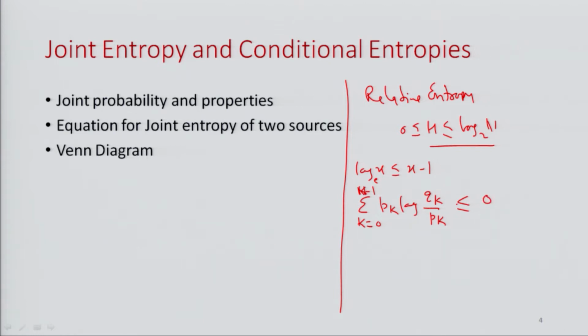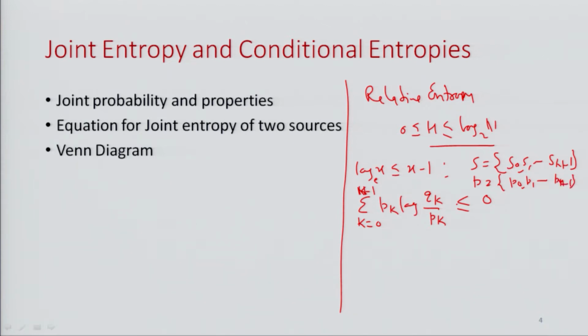What was this quantity? Here we have taken a source S with symbols S naught, S 1 up to S n minus 1, and p k is the probability distribution, that is p naught, p 1 up to p n minus 1.